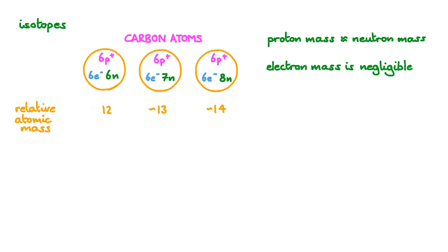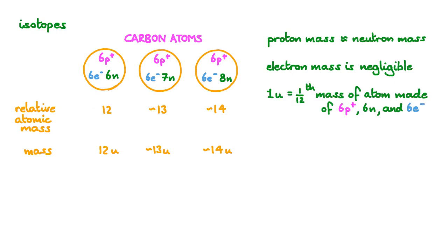Scientists, for reasons that are beyond the scope of this video, chose a reference point that wasn't one proton or one neutron, but was instead the carbon atom with 6 protons, 6 electrons and 6 neutrons, and they gave this a relative atomic mass of 12. So the mass in unified atomic mass units of these atoms is exactly 12, about 13 and about 14.